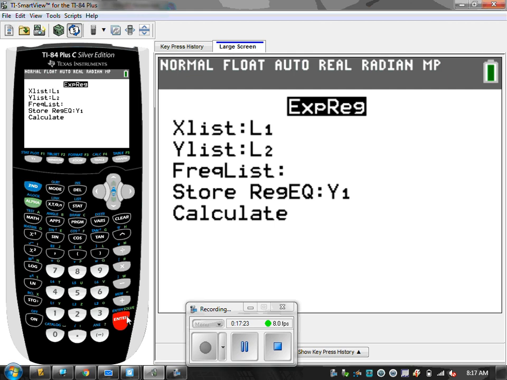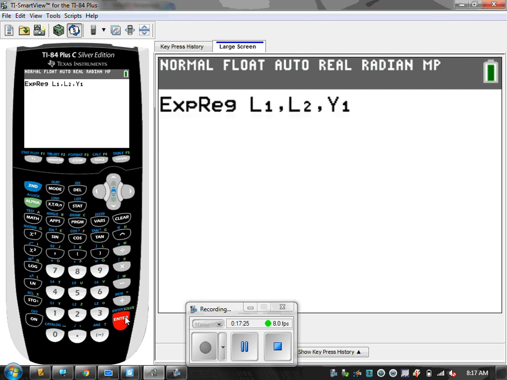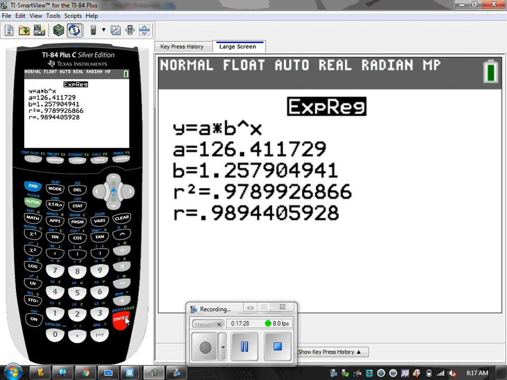Hit enter, and there's our regression equation. Y equals a b to the x power. A is 126.411729. B, the rate at which it's changing, 1.257904941. And then our correlation coefficient r.